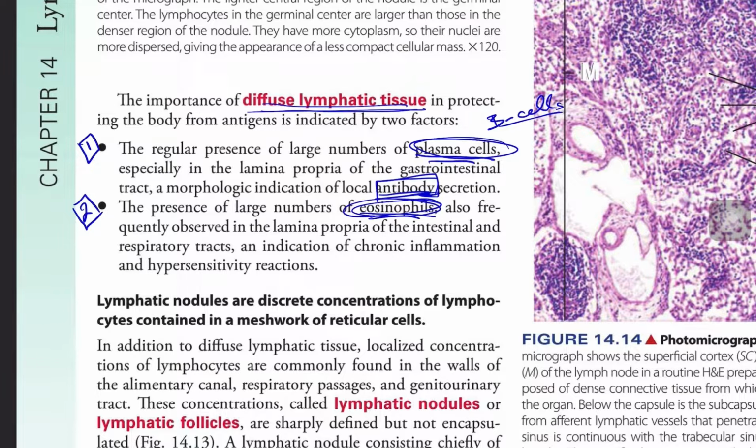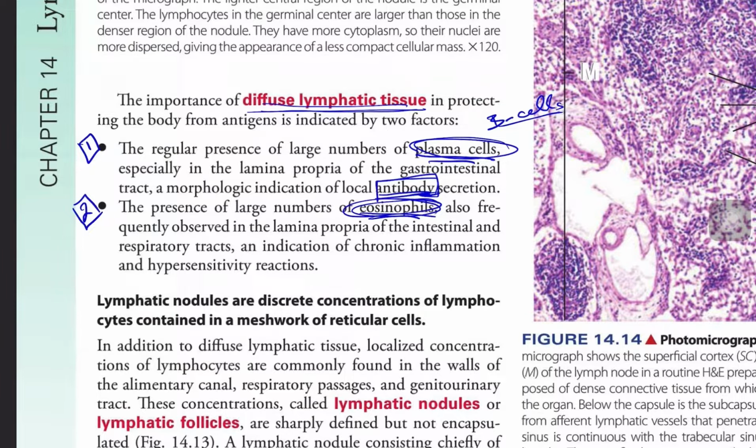When we find eosinophils in those areas of the body, it means that we have chronic inflammation and hypersensitivity reactions, because eosinophils are almost the main cells in hypersensitivity reactions.